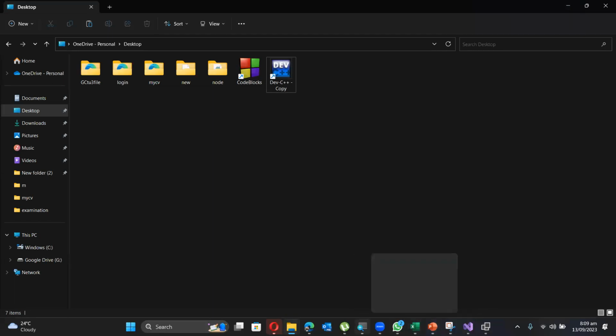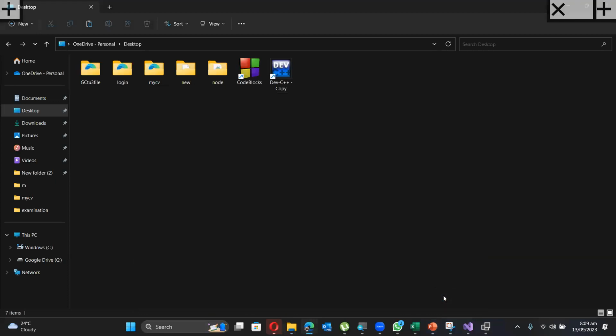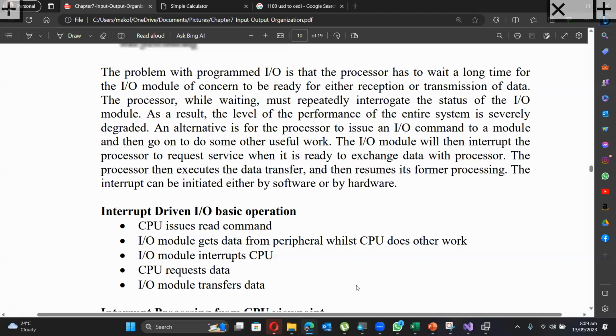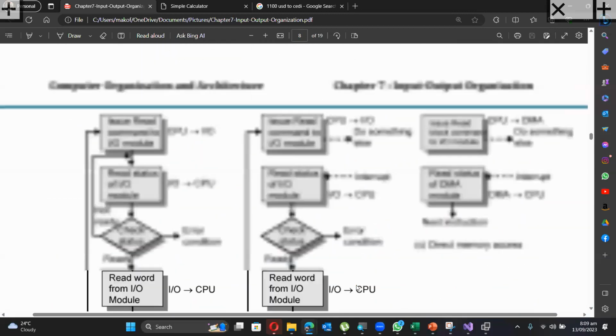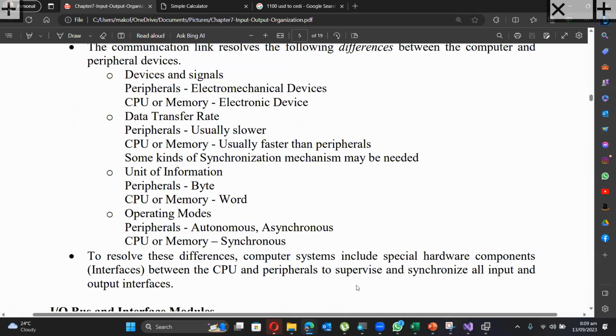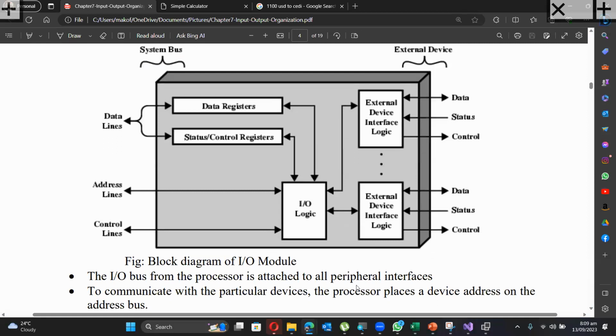The I/O module itself has a memory system. We can see that from the slide, whereby we saw the diagram here. Good. In this diagram, we can see the data registers here, right? So the I/O module has data registers in itself that it uses to store data.